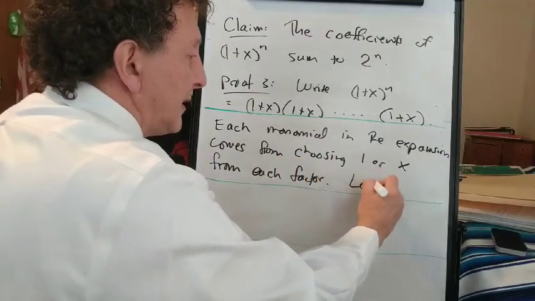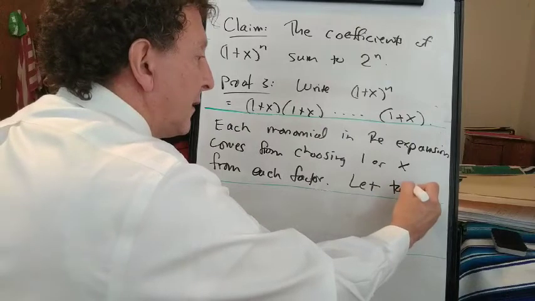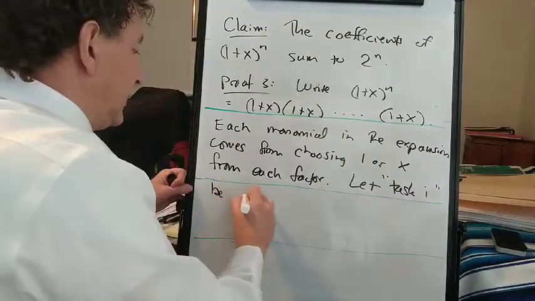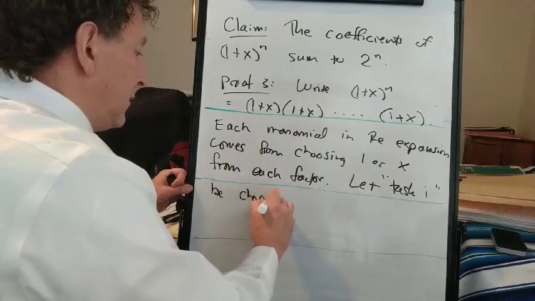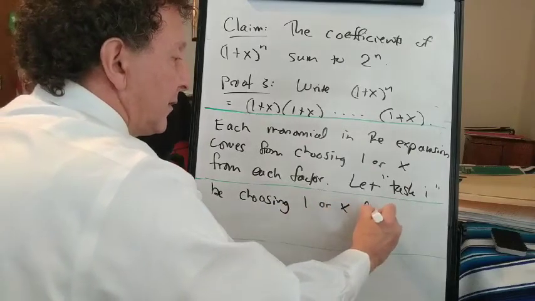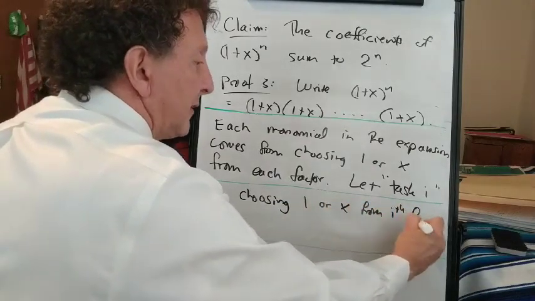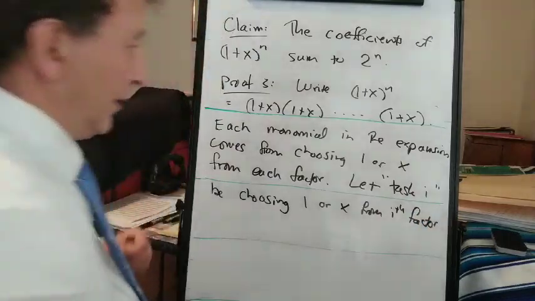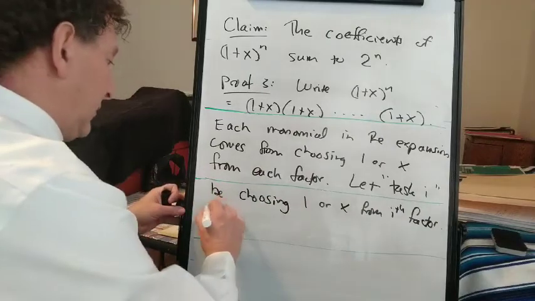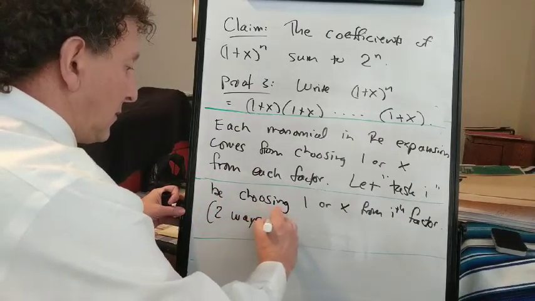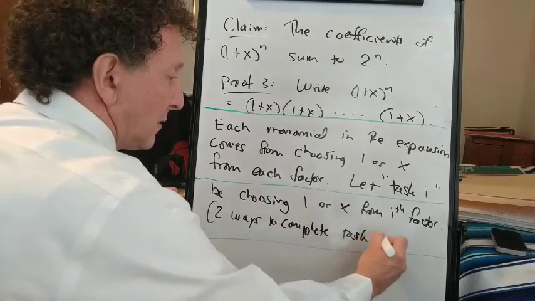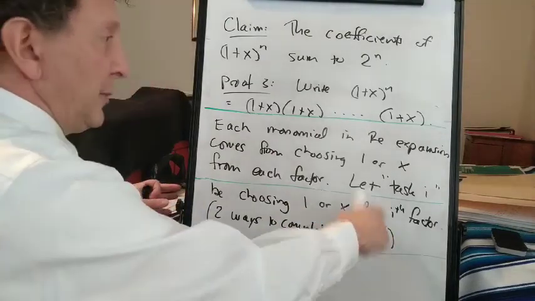So let's let task i be choosing 1 or x from the ith factor. So there's two ways to complete task i. Either you choose the 1 or the x. And i could be anything from 1 to n.